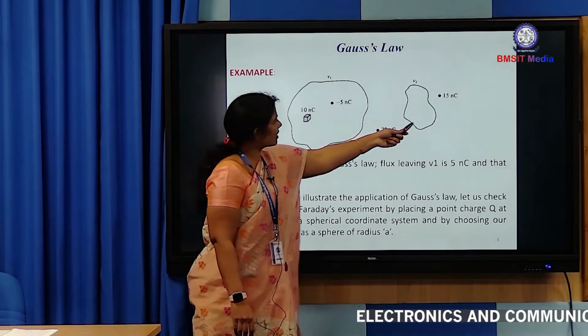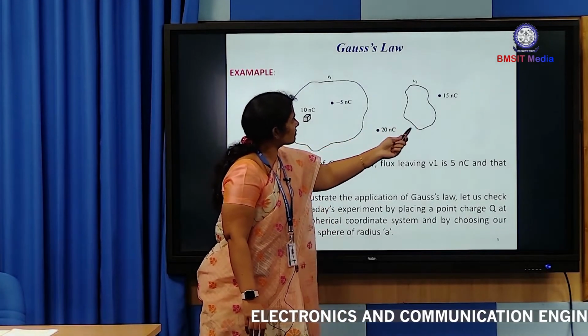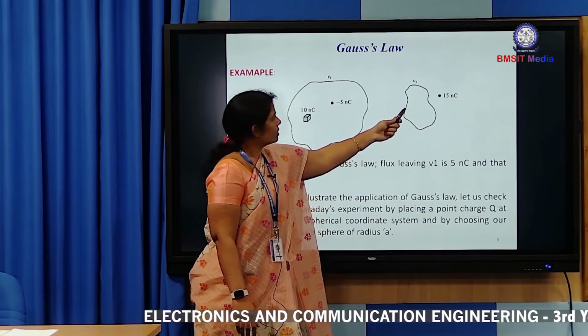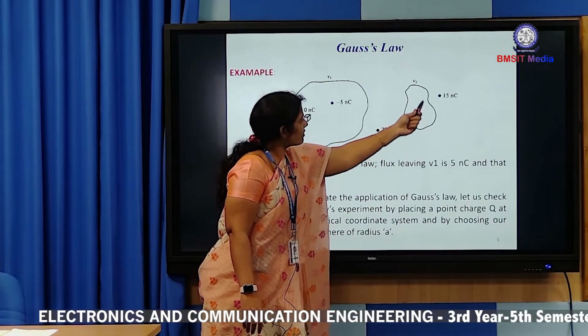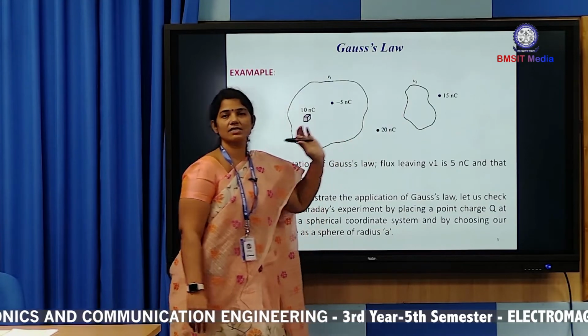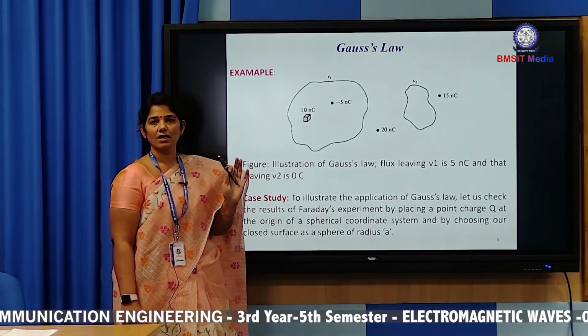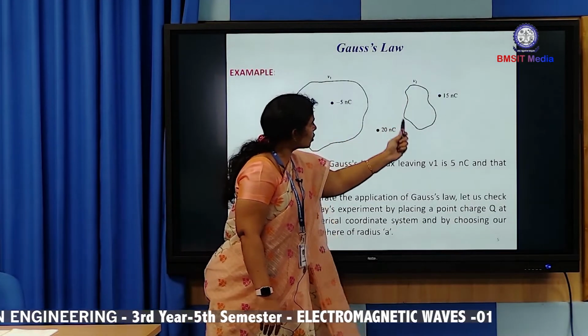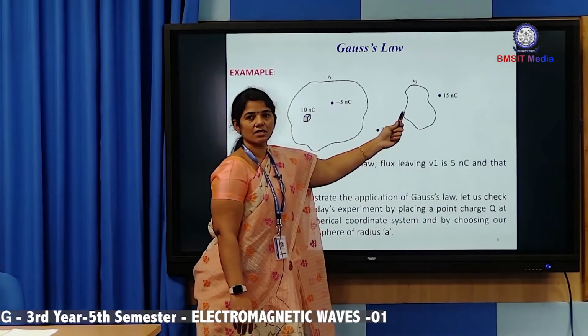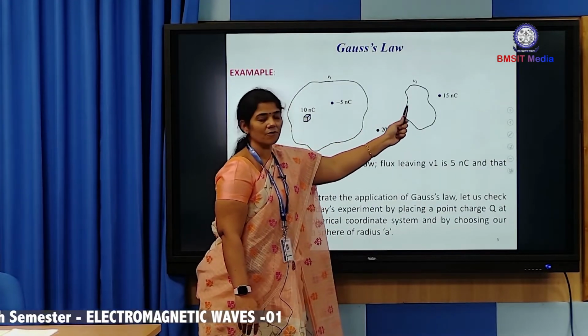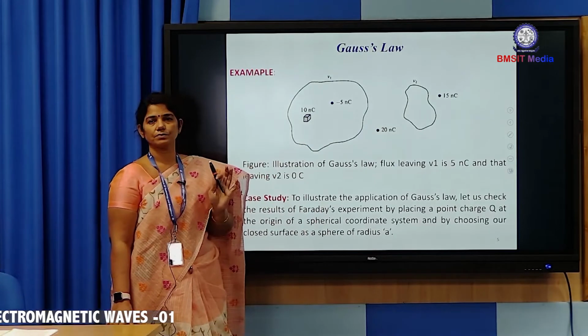Similarly, if you take the closed surface V2, the net flux leaving V2 is 0. Why? There is no charge enclosed by this surface, so the net flux leaving V2 is 0.